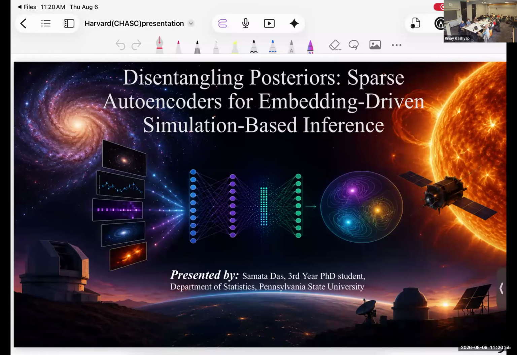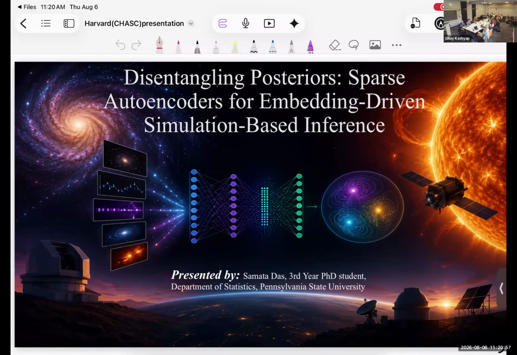Okay, go ahead. Right. So I will be presenting an idea of how to make embedding driven simulation based inference more interpretable. I'm not sure if this idea is going to work or not because I still have to try it. It's called Disentangling Posterior: Sparse Autoencoders for Embedding Driven Simulation Based Inference.